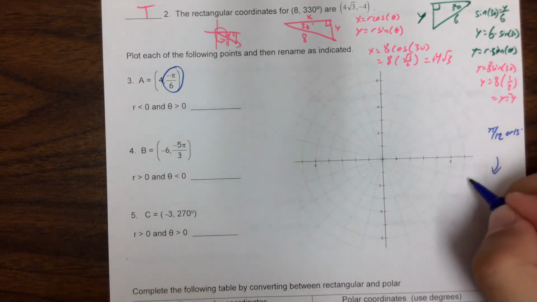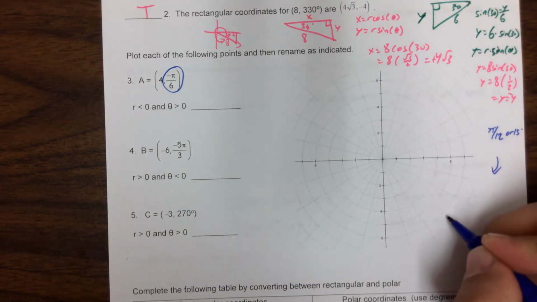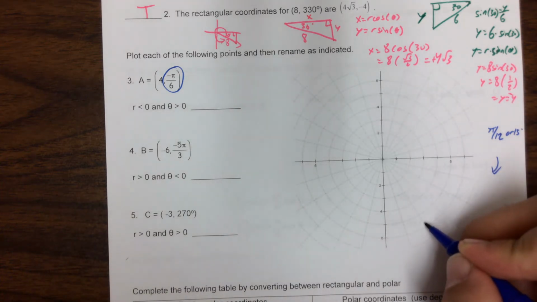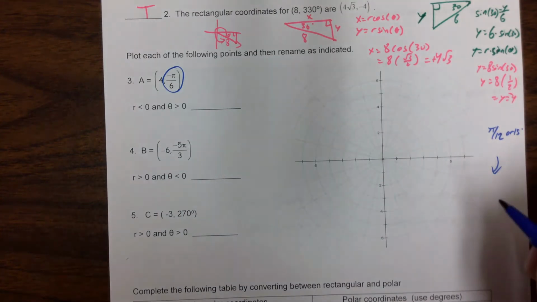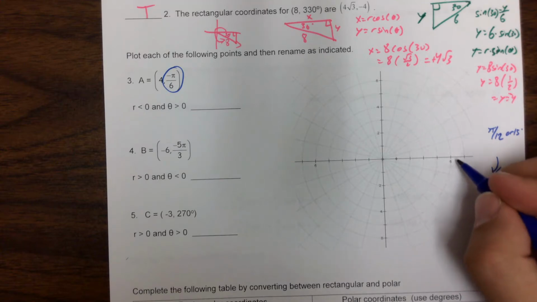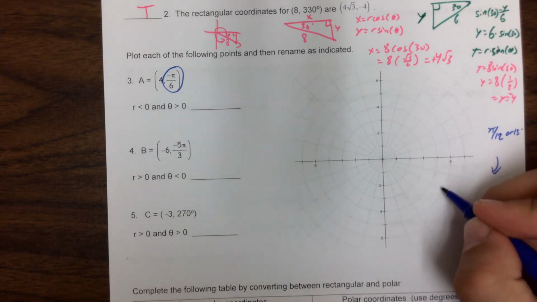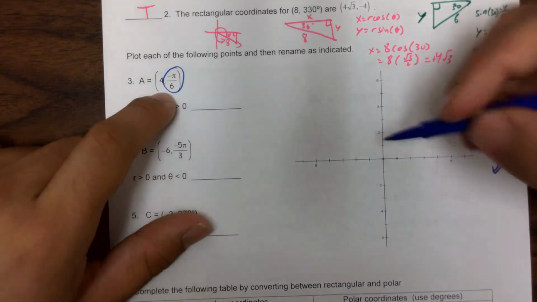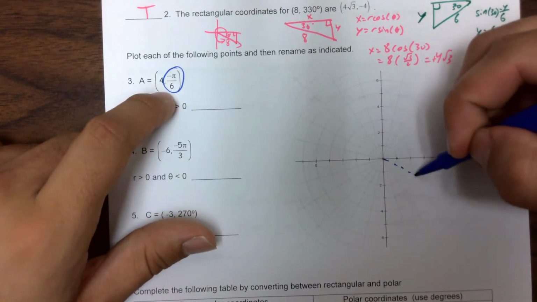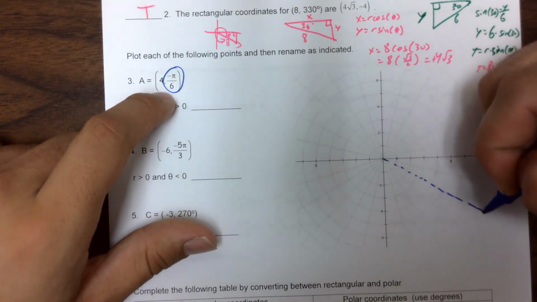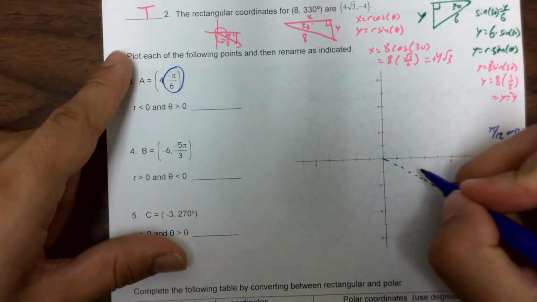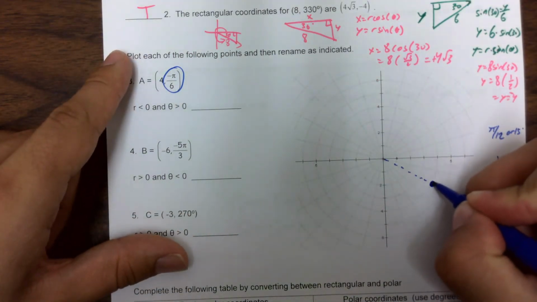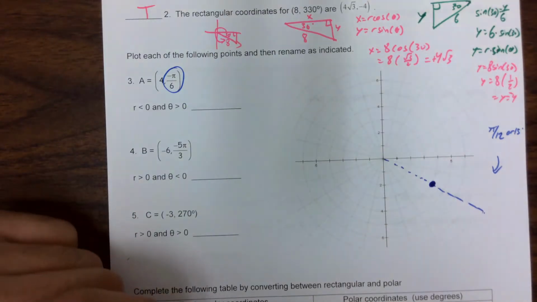So 15, 30, negative 45, negative 60, negative 75, negative 90, and so forth. So negative π/6, that's 1, 2. And then it's a positive 4, so I'm on this line. So 1, 2, 3, 4. I am right here.